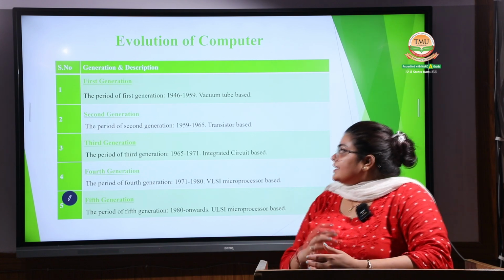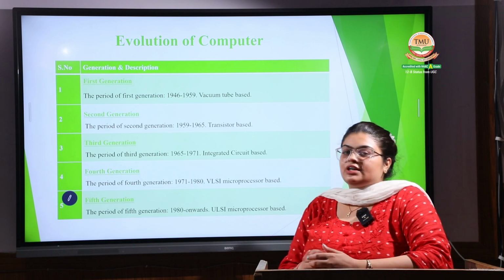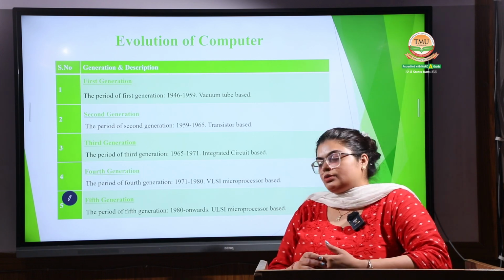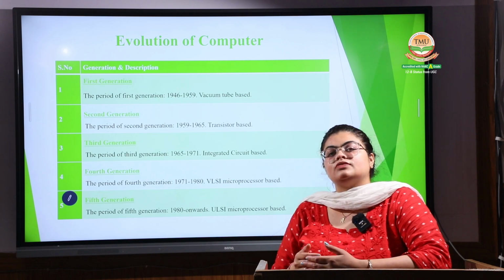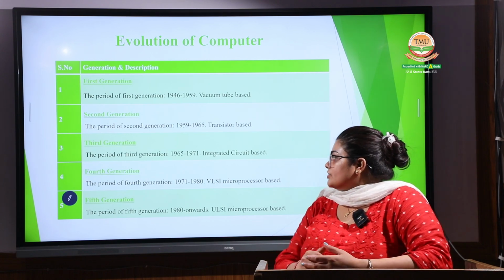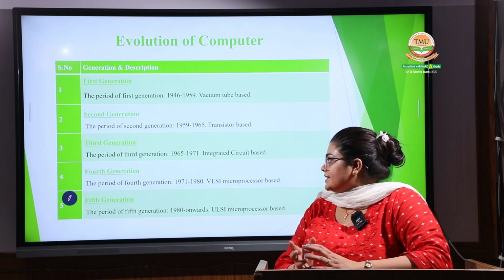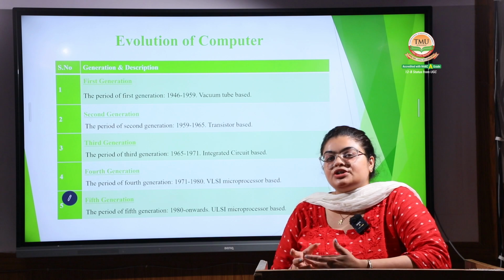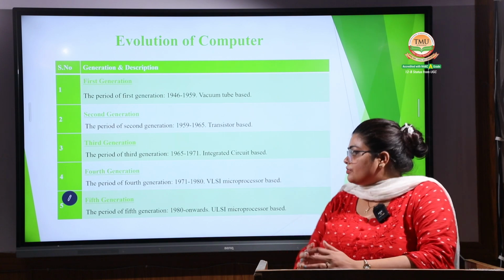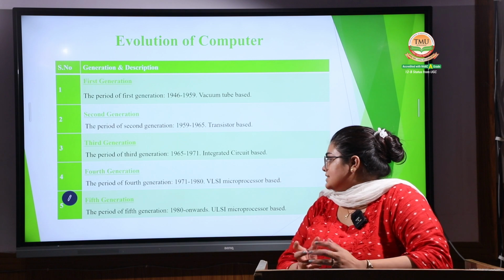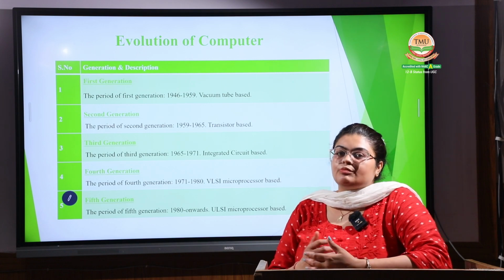Second generation, 1959 to 1965, when transistor-based computers were used. Third generation is from 1965 to 1971, when integrated circuits were used. In the fourth generation, 1971 to 1980, VLSI microprocessor-based computers were used, and the fifth generation, which is today's generation, uses ULSI microprocessor-based computers.